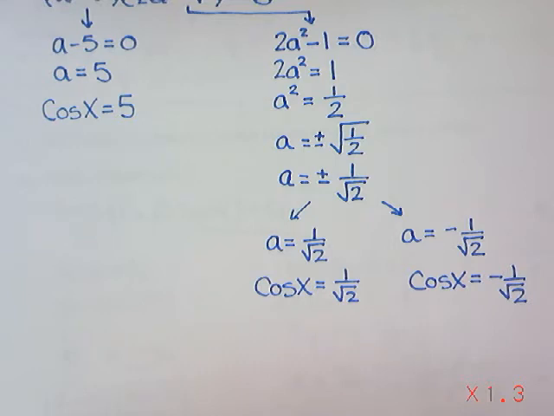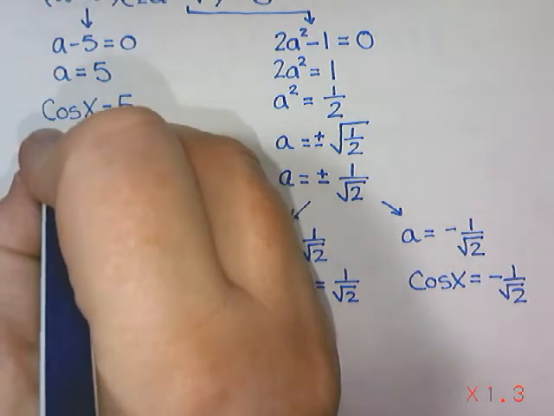All right, so at this point, we had cos x equals 5, cos x equals 1 over root 2, and cos x equals negative 1 over root 2. In order to isolate or solve for x, I need to do the inverse cosine to move it to the other side.